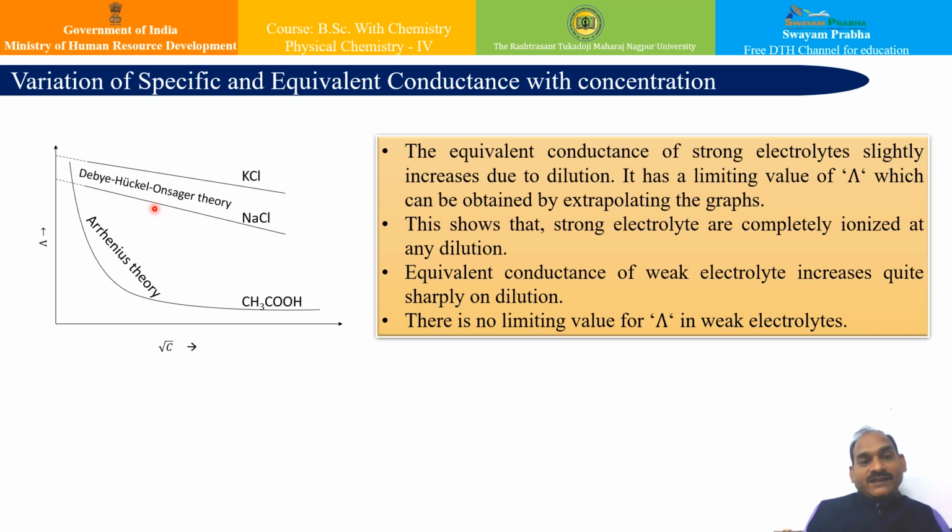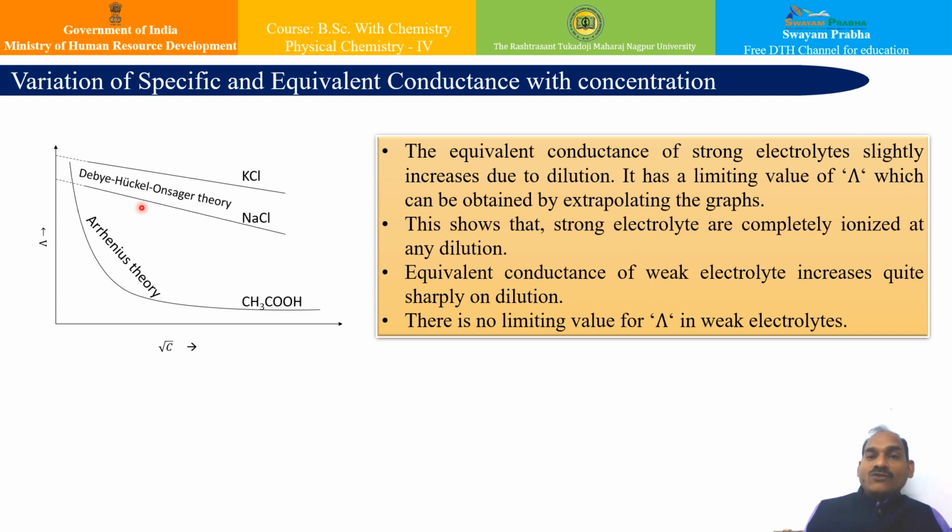And therefore in case of the straight line, we have written Debye-Hückel-Onsager theory, and for weak electrolyte we have written Arrhenius theory. In short, the increase in the number of ions in case of weak electrolyte is due to the increase in the degree of ionization of the electrolyte on dilution.